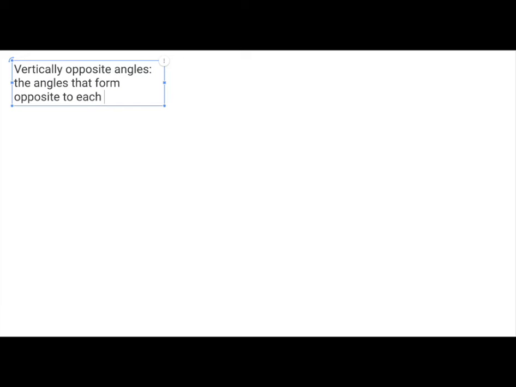Another important relationship are vertically opposite angles. These are angles that form opposite to each other.